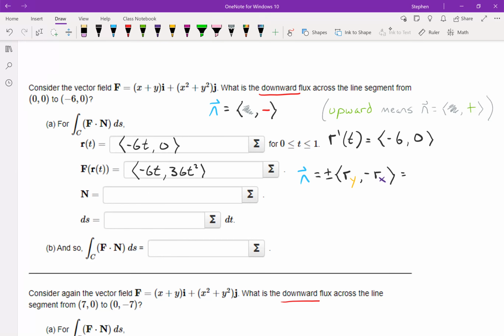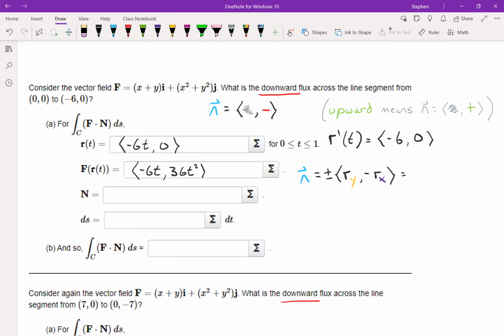All right, so I've taken the liberty of parameterizing this thing for us already. For just going from (0, 0) to (-6, 0), our parameterization should be (-6t, 0), t going from 0 to 1. If I plug in those values for x and y, I get the value of F shown in that second box. But the interesting part is going to be finding this normal vector.